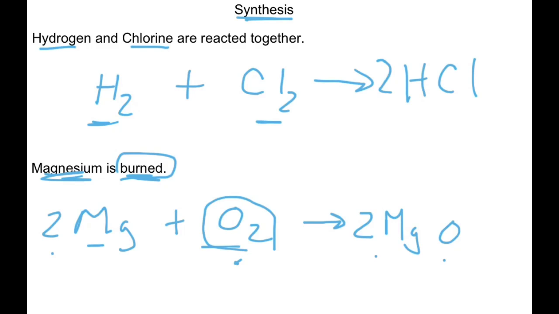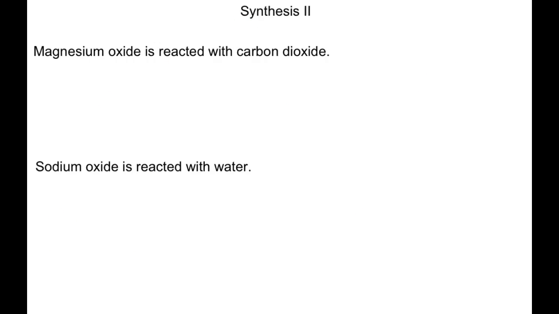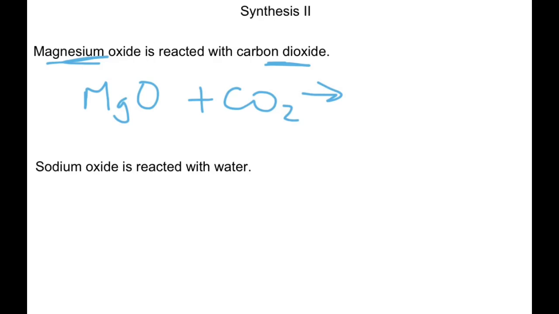Usually it's the simplest things, such as 2 elements getting together. Now you can also have a different class of synthesis reactions where you see a compound getting together with another compound. Hopefully you can look at that and see magnesium oxide plus carbon dioxide. That's 2 compounds getting together.